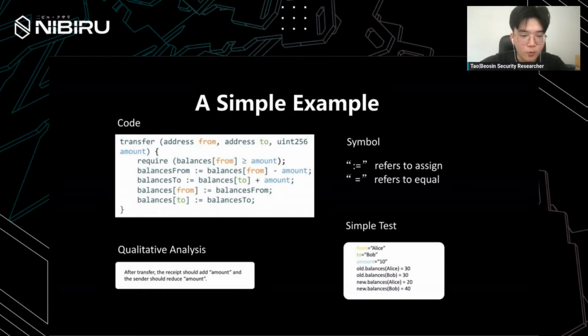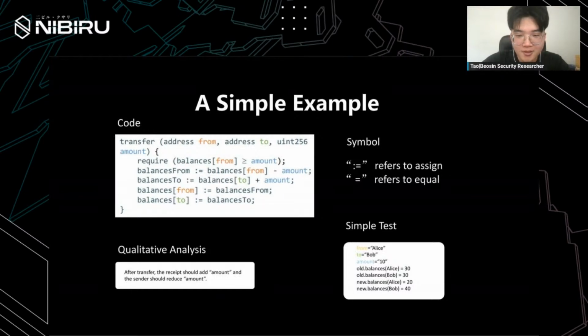Then we remove the amount of tokens from the balance of the sender, and then we add the amount of tokens to the receiver. And we update the sender's and the receiver's balances.